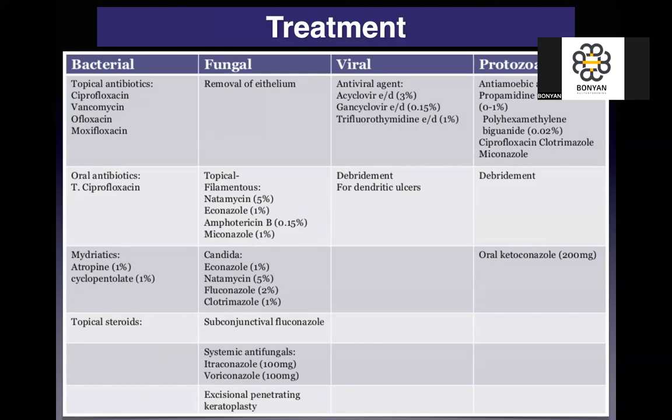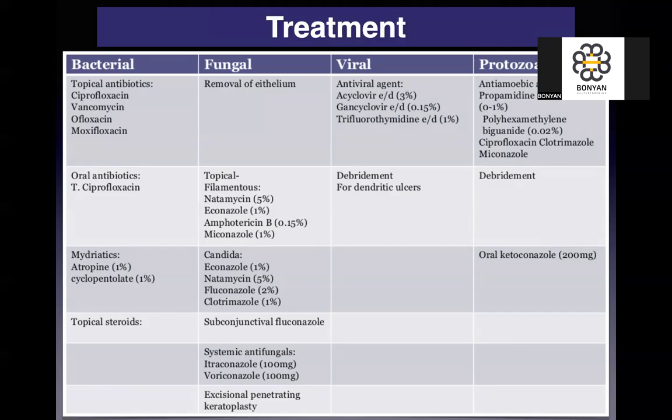Topical steroids may be considered at a late stage after covering with the antimicrobial umbrella in our treatment, and lately we may add some weak steroid to decrease the scarring and inflammation.